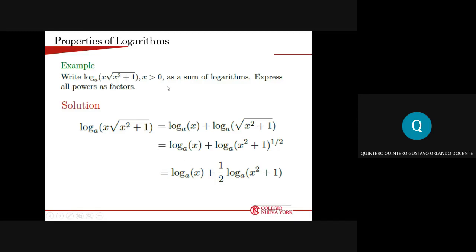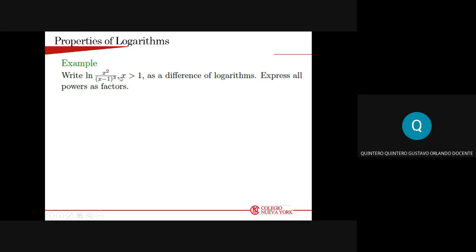This is just here to tell you the domain of this logarithm. So this is something good to know, but we're not going to use that in our expanding. Same here, x bigger than 1, but we are disregarding that because we don't care for now.